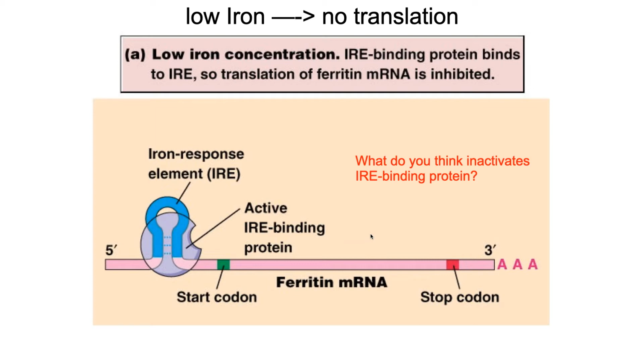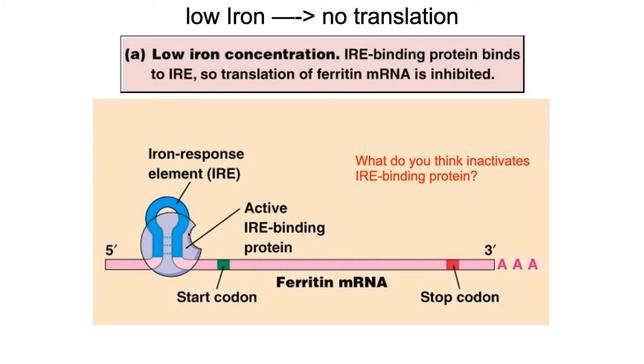So here is an example of where the 5' untranslated region is important. We know it doesn't encode protein, so what does it do? Well, in this case, within that 5' untranslated region, encoded by the ferritin gene, is a sequence of RNA that is called the iron response element, IRE.